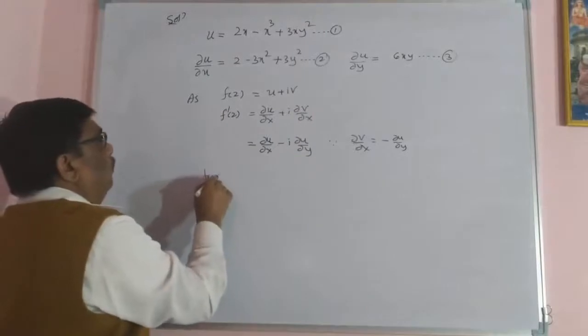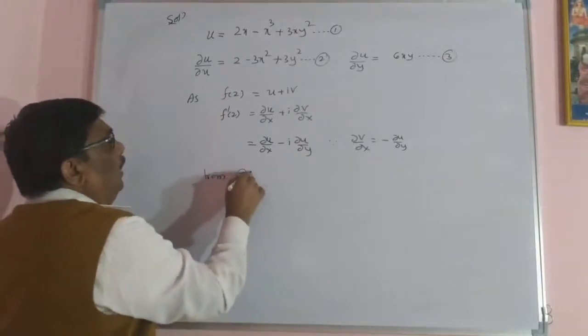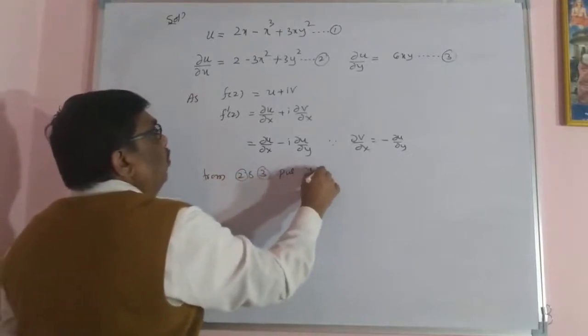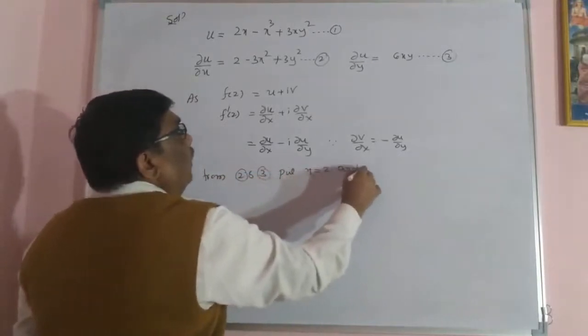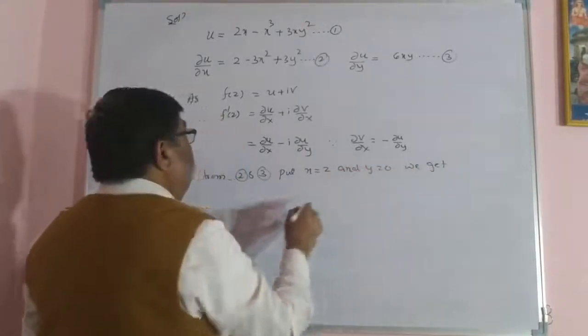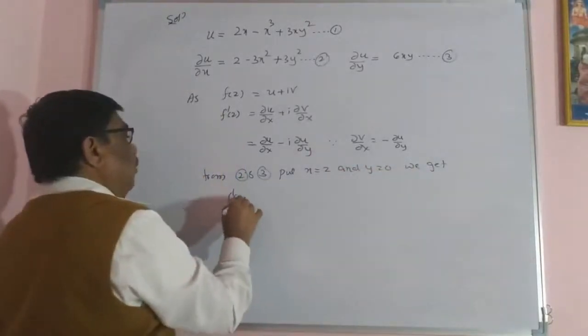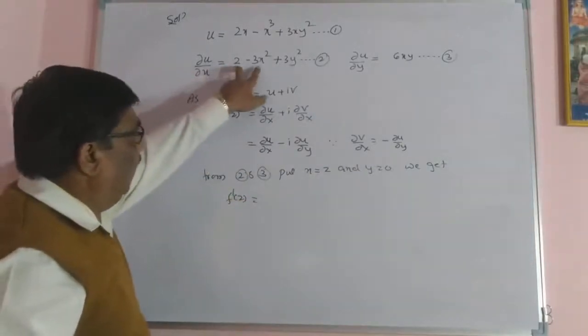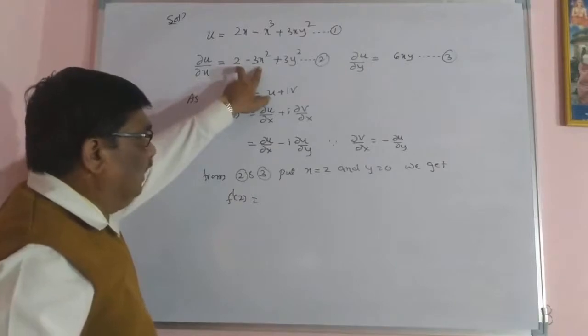From 2 and 3, put x equal to z and y equal to 0. We get f dash of z equal to dou u by dou x, where wherever x is there, replace it by z.